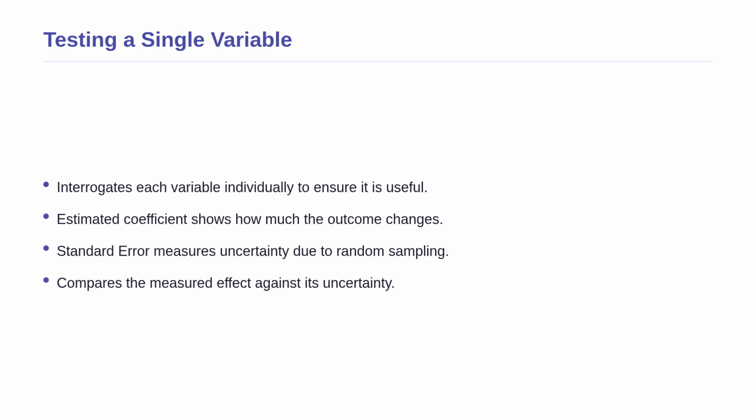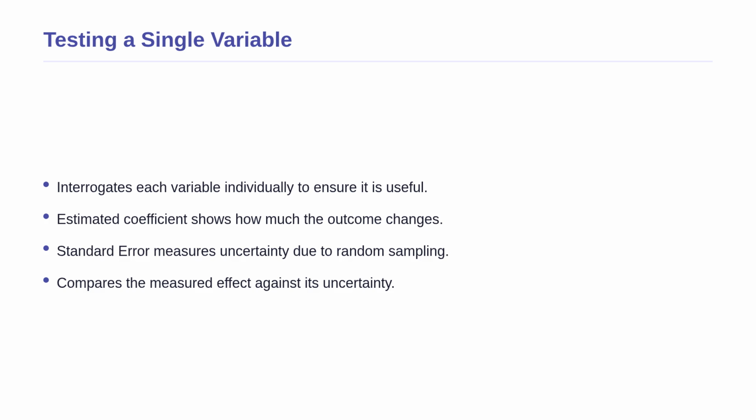Once we know the overall model works using the F-test, we must interrogate each variable individually to ensure it is pulling its own weight. Why is this necessary? Because sometimes a model is useful overall, but one specific variable inside it is actually doing nothing and just taking up space. To test a single variable, we look at its estimated coefficient, which tells us how much the outcome changes when this specific variable increases.